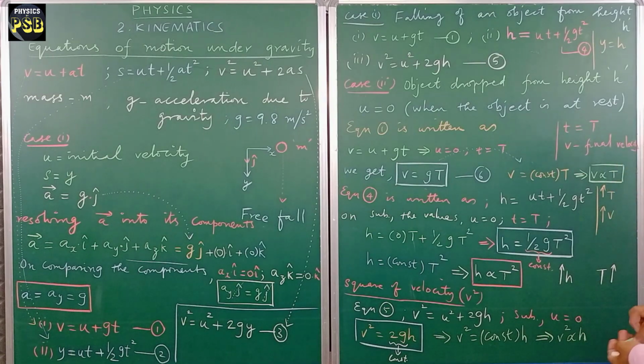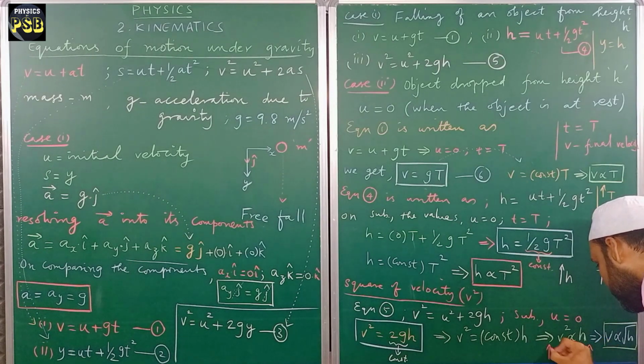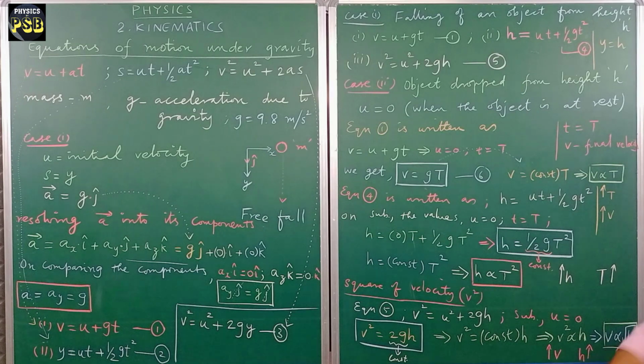This can be written, on taking the square root, as v is directly proportional to root of h. What does it show? This clearly shows that the velocity of the object will increase with the height. Therefore, with increase in height, the final velocity with which it reaches the ground will be a greater one.